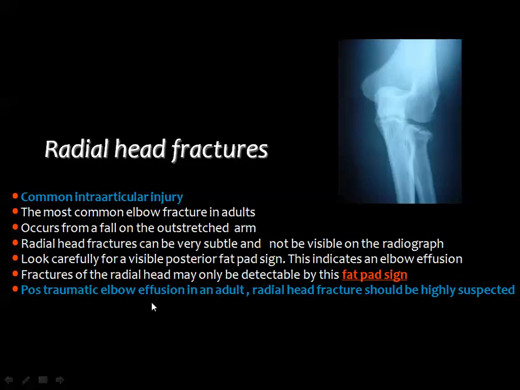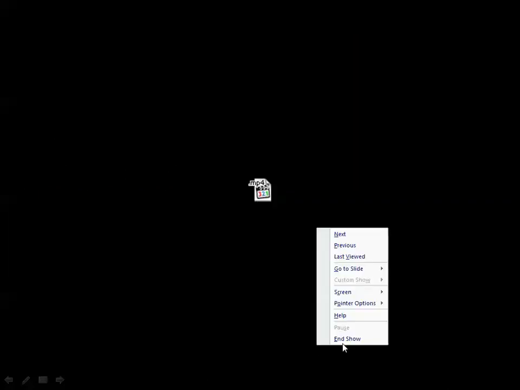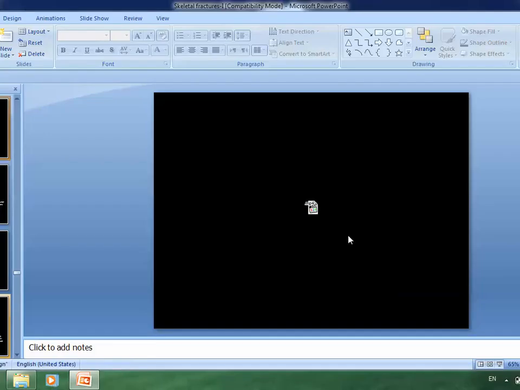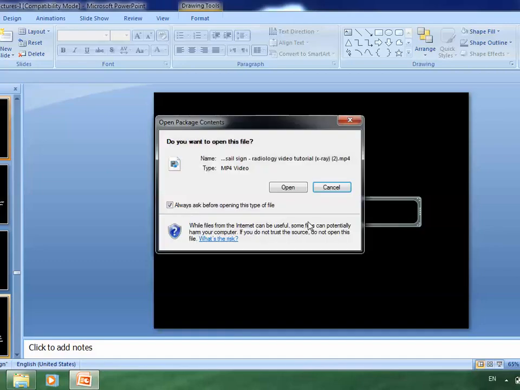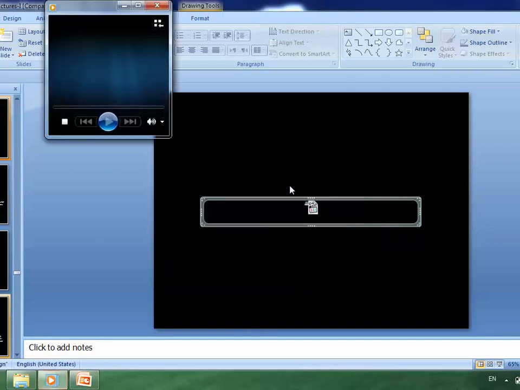Then you should consider a radial head fracture and look very carefully at the radial head, searching for this fracture. In this video, I hope it works, so you can have an idea about this fat pad sign.